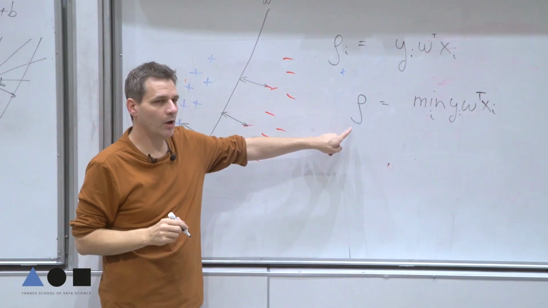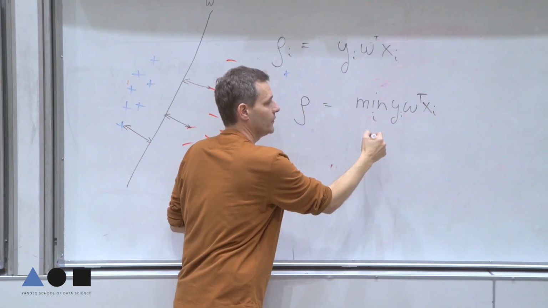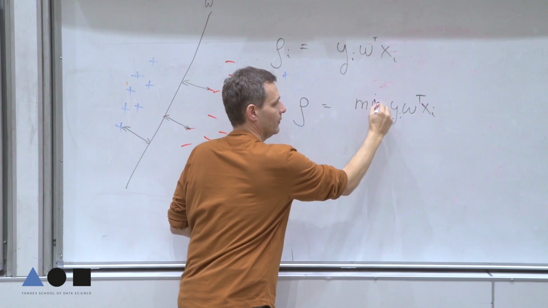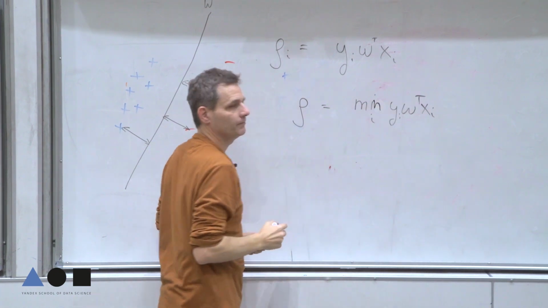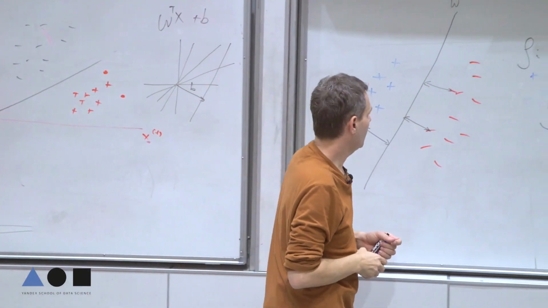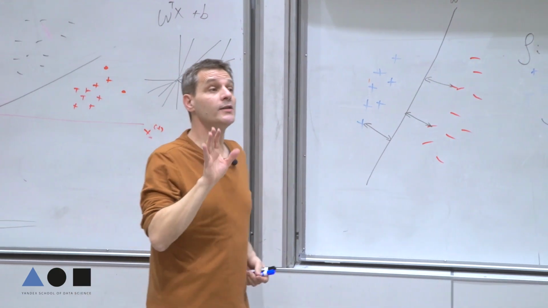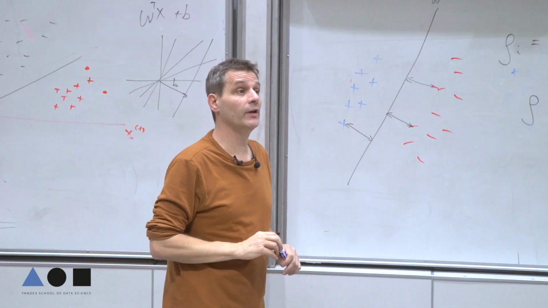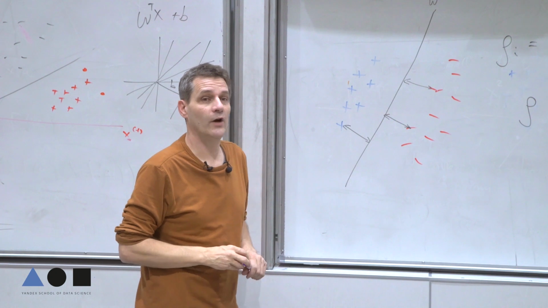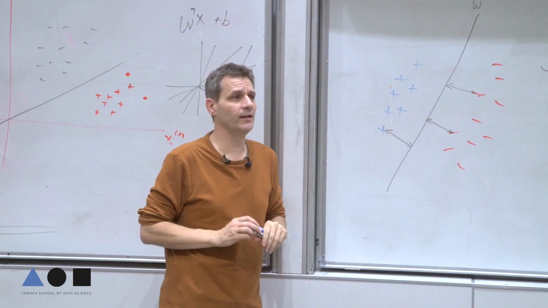We define the margin to be the minimum over all the samples of the sample margin. Why? Because if it's not linearly separable, and there's a minus here, then we're in trouble. But we're going to assume it is linearly separable, and we're going to relax this assumption later.